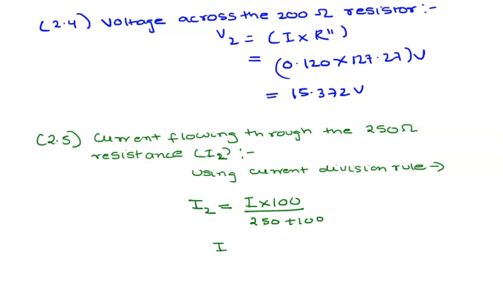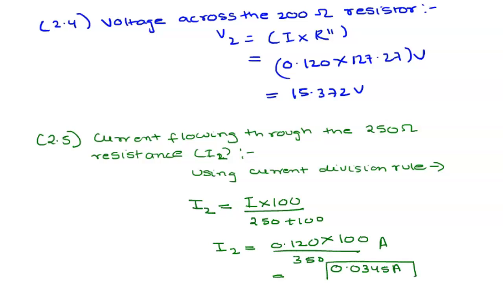So I2 is equal to 0.120 multiplied by 100 divided by 350 ampere, and this is equal to 0.0345 ampere. So this is the current that is flowing through the 250 ohm resistance.